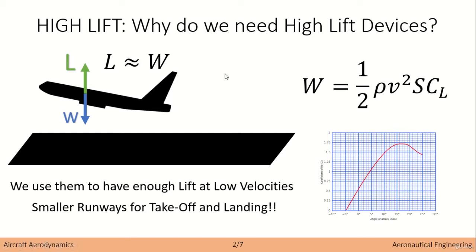Right, so as we mentioned in previous classes, what we usually have is that the lift is more or less similar to the weight. It has to be equal to the weight at cruise. But in general terms, we can just assume that the lift and the weight will be very close to each other. So by this definition, the weight of the aircraft will basically be very similar at the beginning of the flight and throughout the flight.